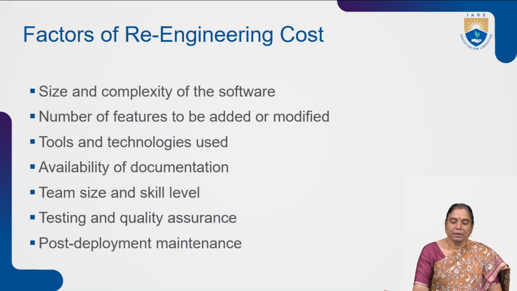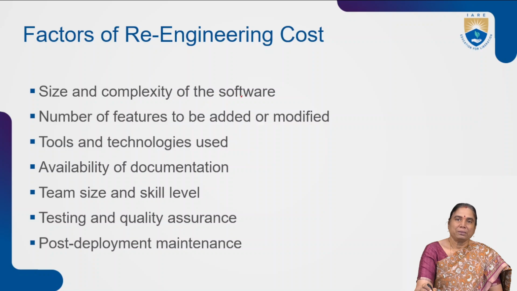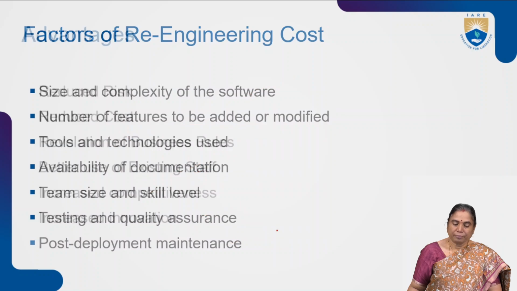The factors that can affect the re-engineering cost are the size and complexity of the software, the number of features that can be added or modified, the tools and technologies used, availability of documentation, team size and skill levels, testing and quality assurance, and post-deployment maintenance.